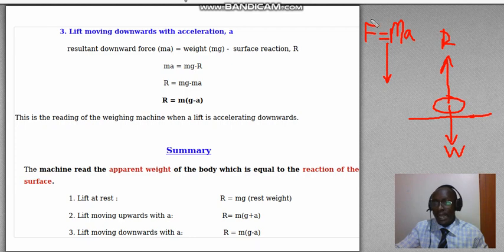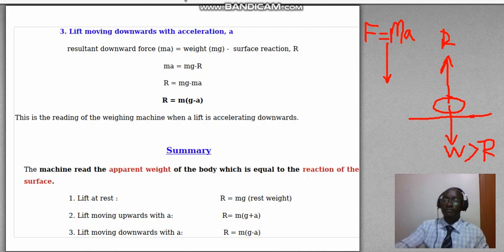For us to get a net downward force, the weight or the downward forces must be greater than the upward forces. So the weight here is greater than the reaction. So now if we combine these three in an equation, you'll find that the net downward force, which is given by mass times the acceleration, is equal to the weight.